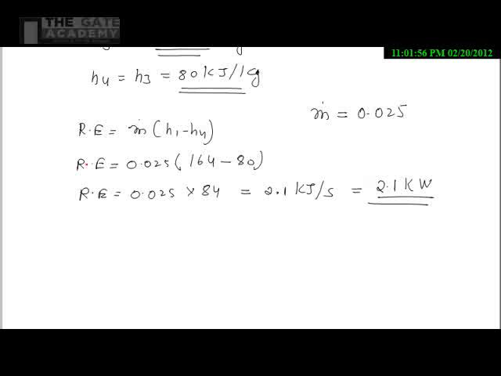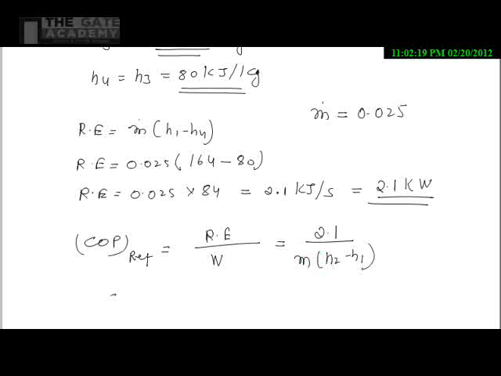Now we have to find out COP. COP for this refrigerator is nothing but the refrigerating effect divided by W, where W is the compressor work, m dot into H2 minus H1.